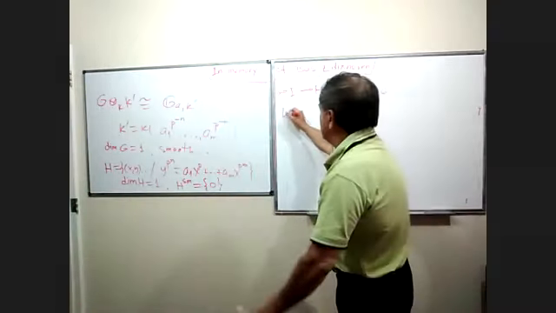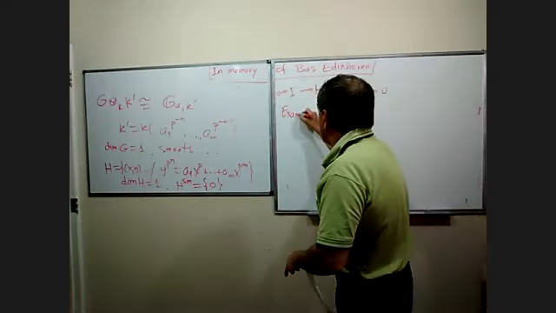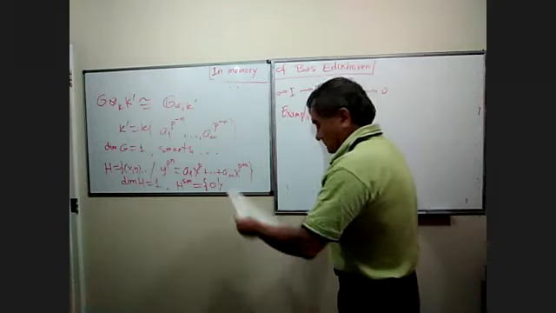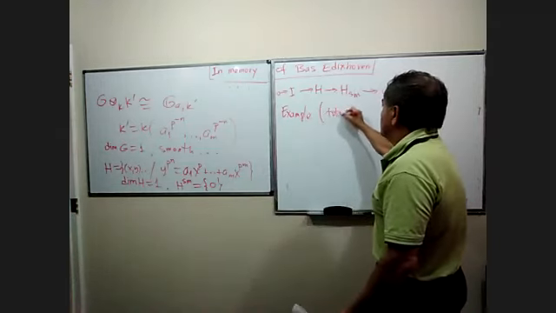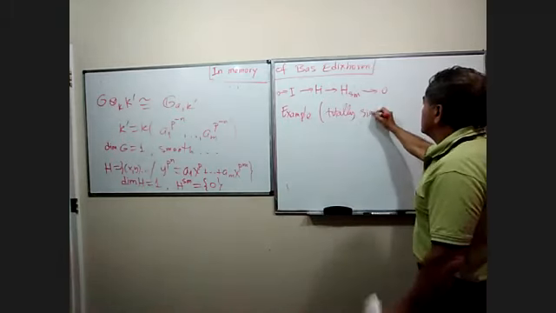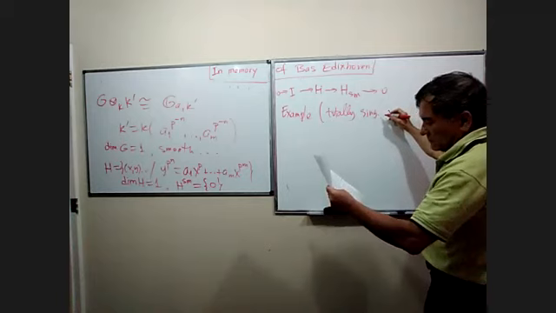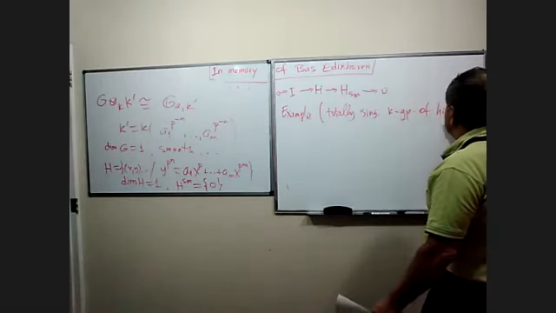Example. I hope I'm not going over my time. This is one example. This is a totally singular K group of high dimension.